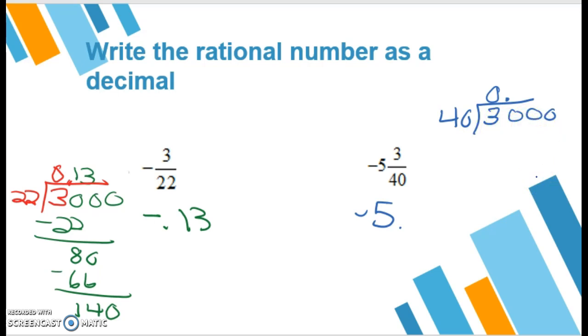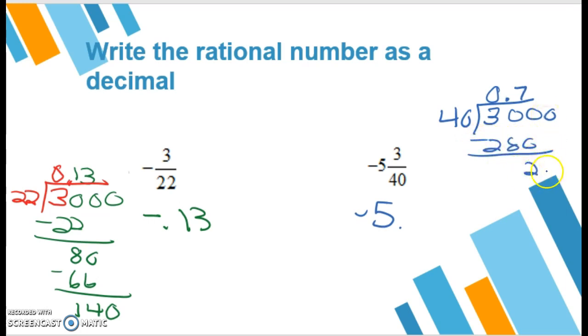Let's see, that's going to be about 7 times. So I'm going to put a 7 here. So then I have 40 times 7, which is going to be 280.